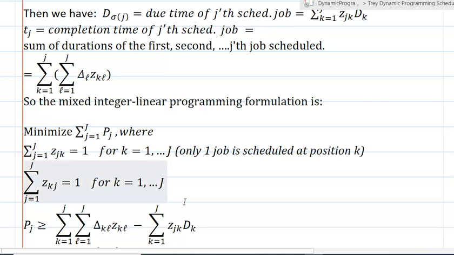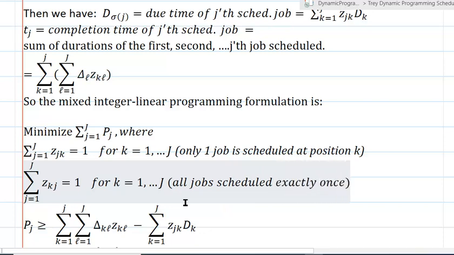And this one says that all jobs are scheduled exactly once. So those are constraints on my z's. And these are also linear constraints. These are linear functions of my z's.